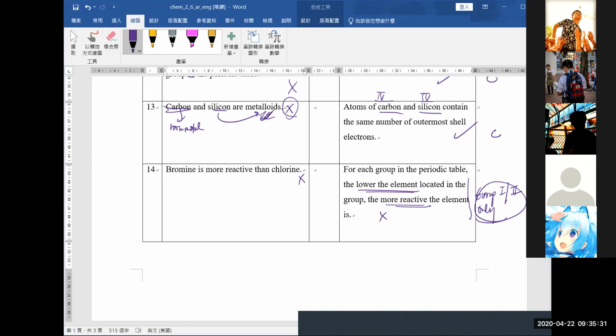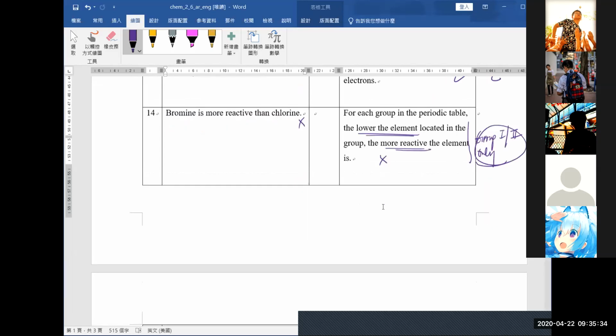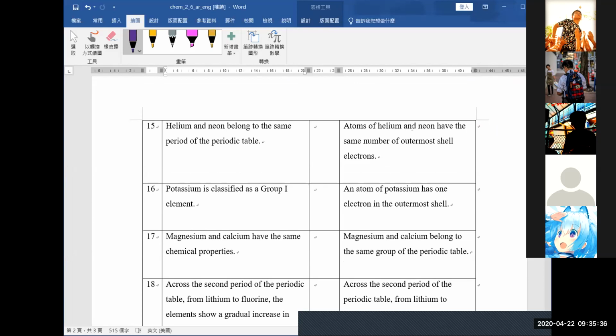Now, helium and neon belong to the same period of the periodic table. And atoms of helium and neon have the same number of outermost shell electrons.